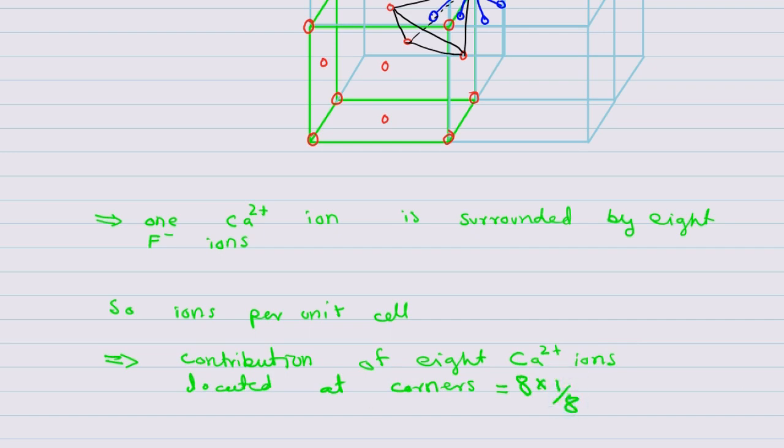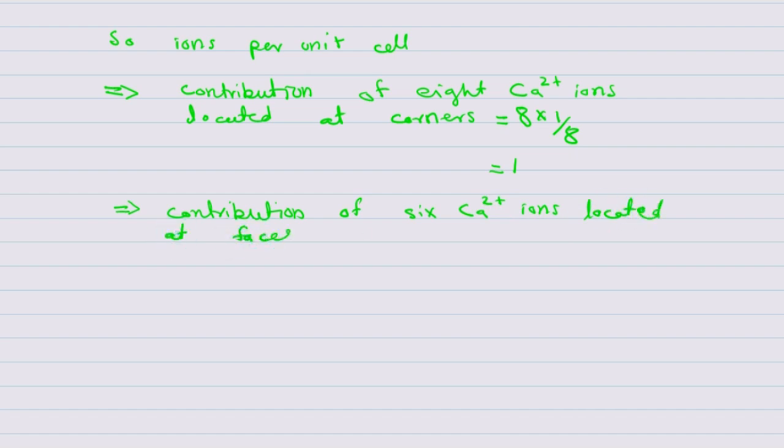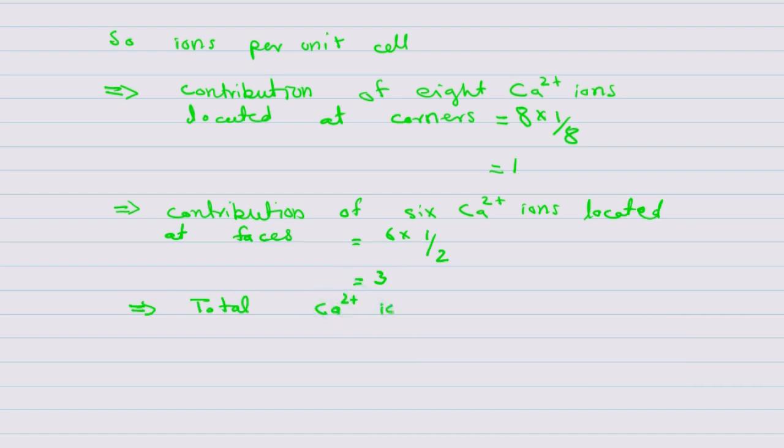We multiplied by 1 over 8 because 1 corner atom is shared by 8 unit cell, so it comes out to be 1. Now contribution of 6 calcium ions located at faces is equal to 6 multiplied by 1 over 2. We multiply by 1 over 2 because a face atom is shared by 2 unit cell.